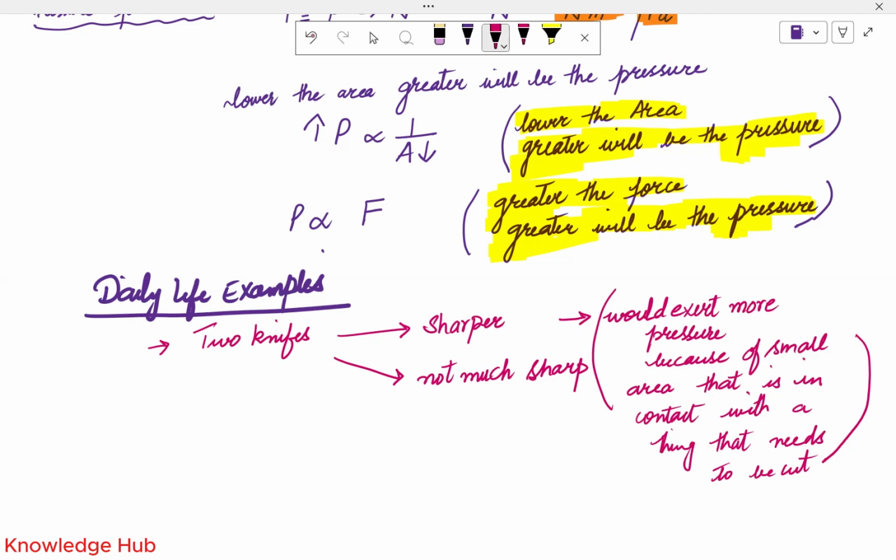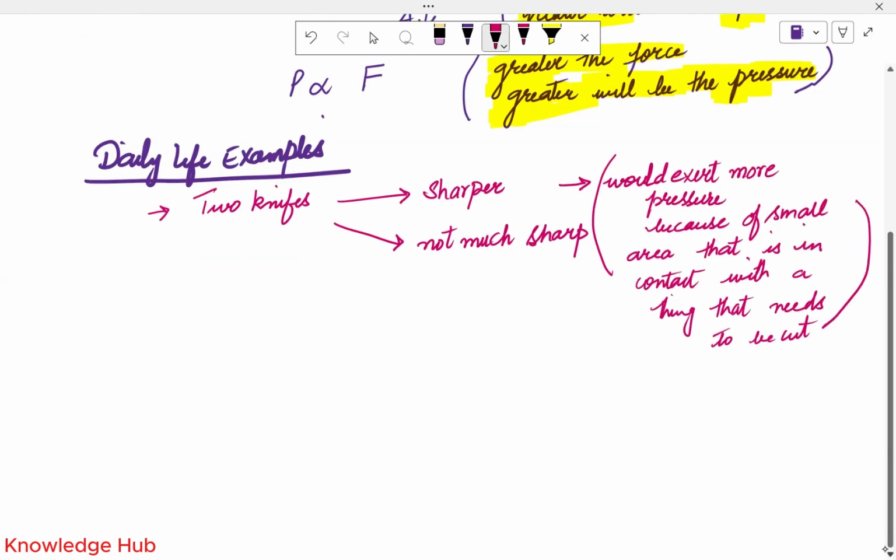Now, we have another example. Suppose there are two women who are walking on snow.